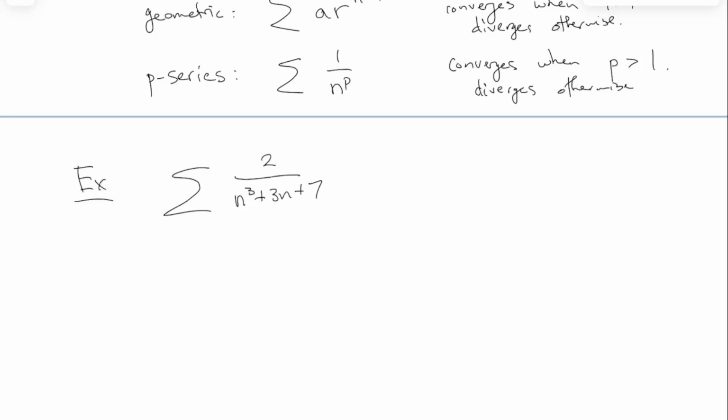Your job is say whether or not it converges. Or if you're lucky, I will tell you and then say something like, show that it converges. So this one actually, I happen to know ahead of time, this one does converge. So let's show it converges. All right. How are we going to show it converges? I'm going to use the comparison test, of course, because that's what we're talking about here.